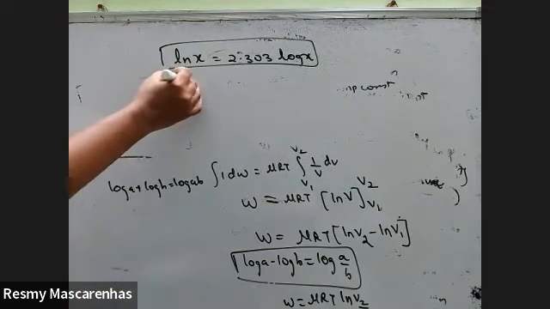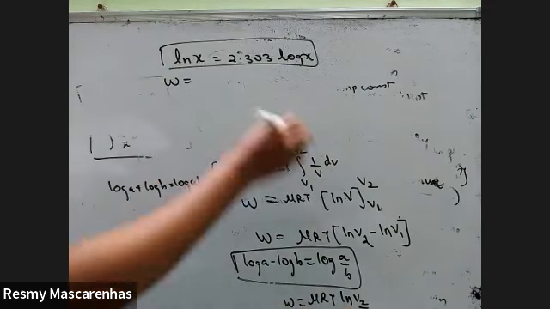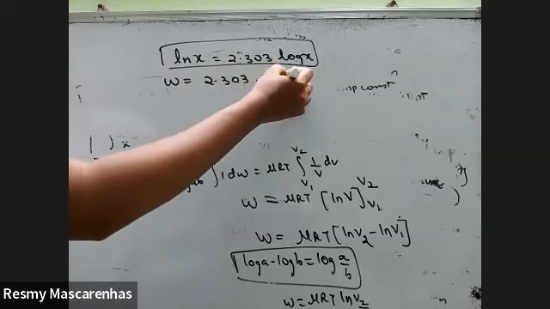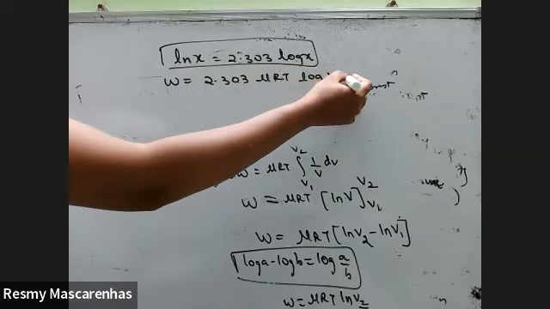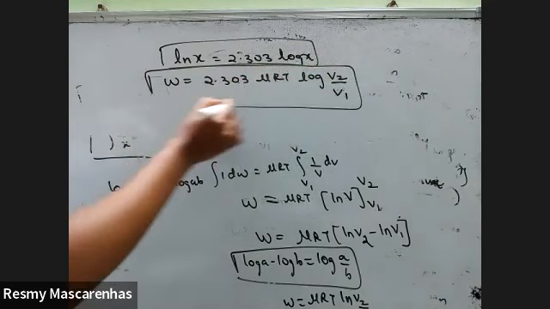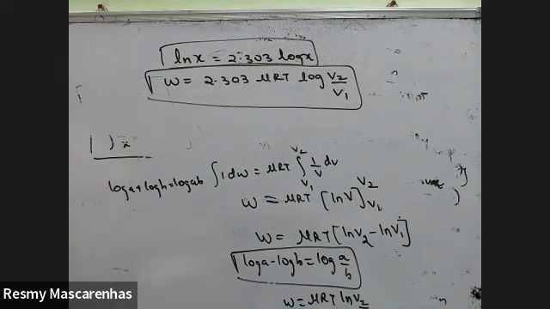So the final answer is, I'll remove this ln and write it as 2.303 mu RT log of V2 upon V1. So this is the work done for the isothermal process.